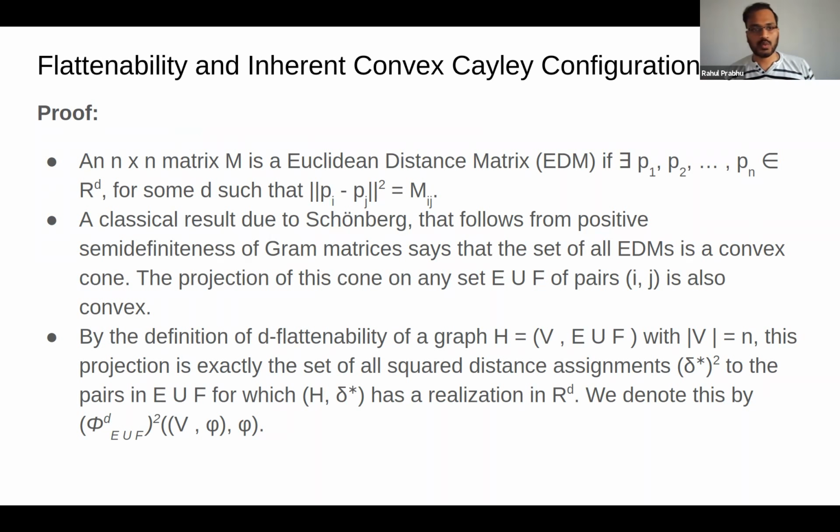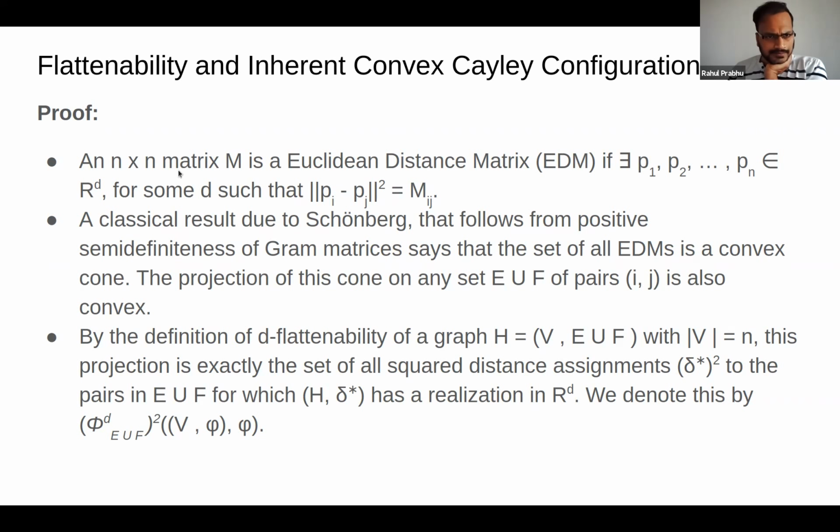It's just an n by n square matrix which happens to have the property that there exists some assignment of points P1, P2, and so on, belonging to R^D for some dimension D, such that the distance between Pi and Pj corresponds to the ijth entry of the matrix. So this is again a symmetric, zero-diagonal matrix and all the good stuff.